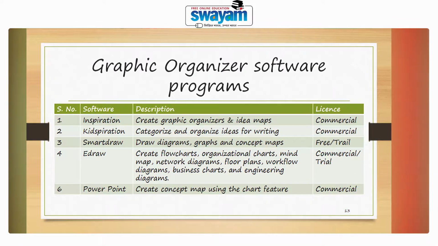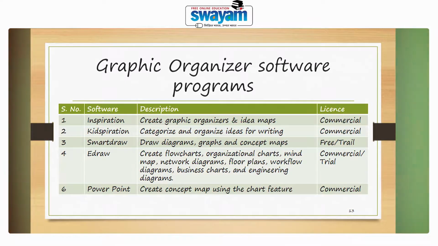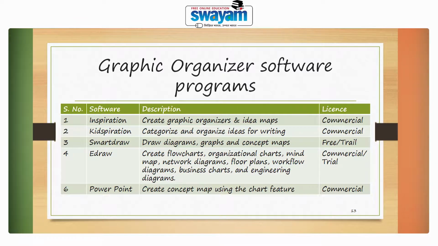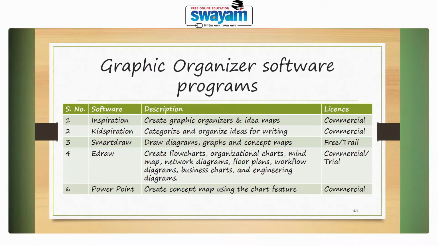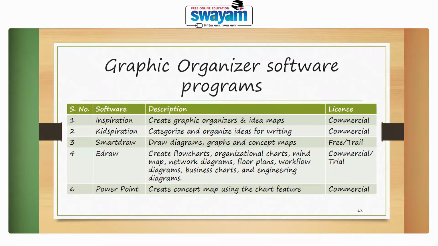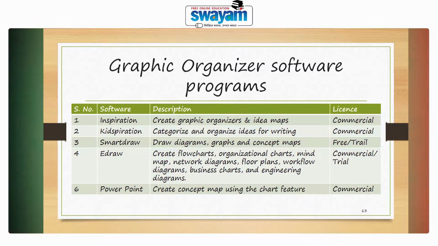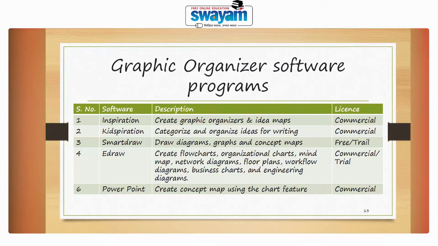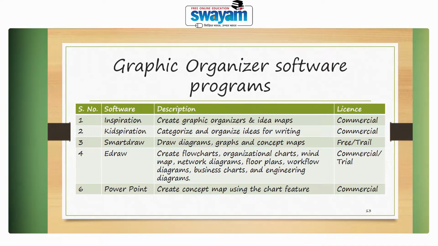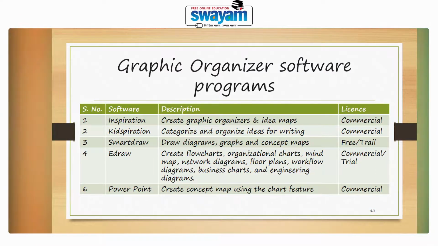Third is Smart Draw, which is used to draw diagrams, graphs and concept maps and is free or trial in nature. The fourth is eDraw, which is used to create flowcharts, organizational charts, mind maps, network diagrams, flow plans, workflow diagrams, business cards and engineering diagrams and is commercial or trial in nature.